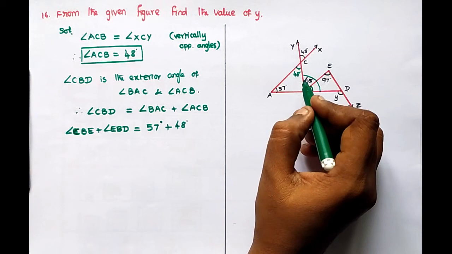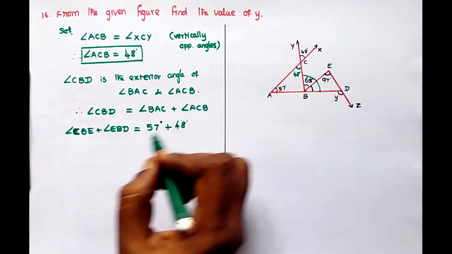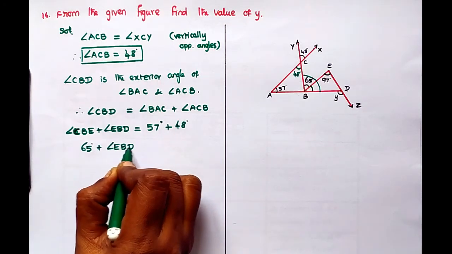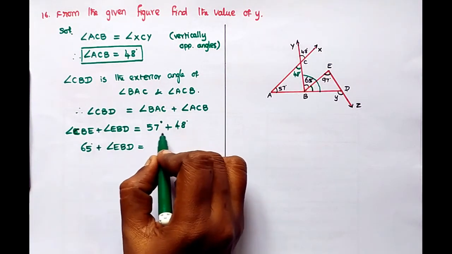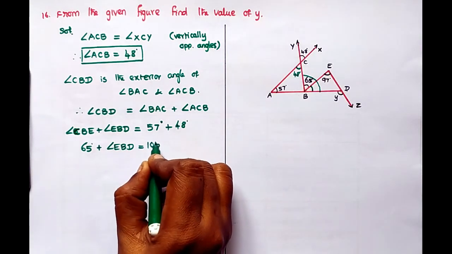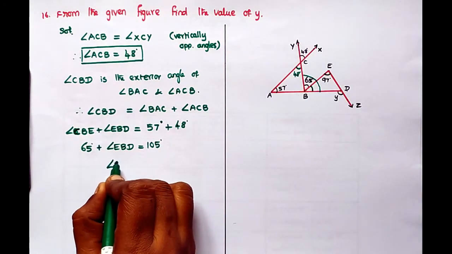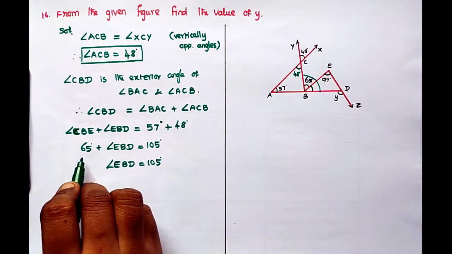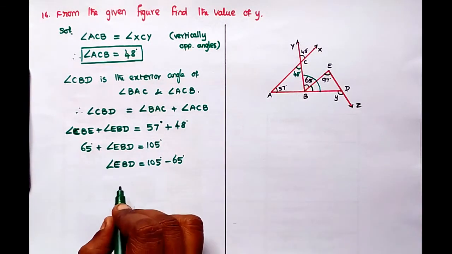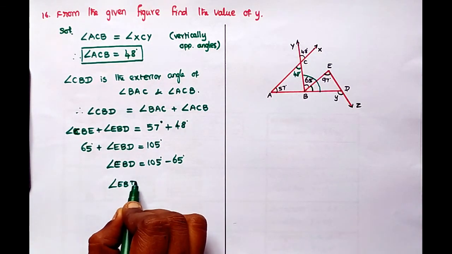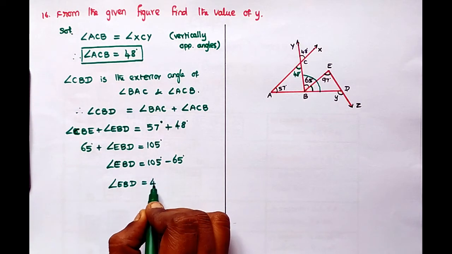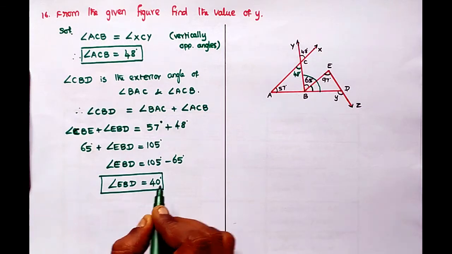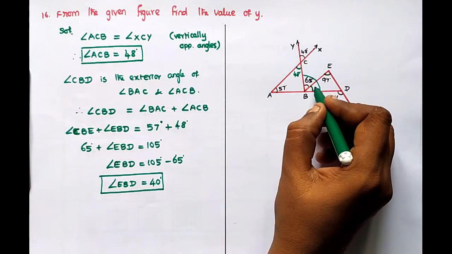Here CBE equal to 65 degrees, they given. Angle EBD equal to how much is this? Add means we get 105. Now EBD equal to 105 minus 65 degrees. So angle EBD equal to 40 degrees we get. Now this is 40 degrees.